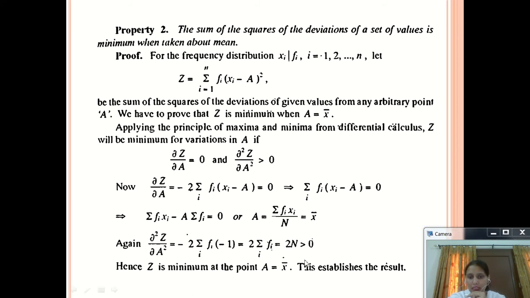Therefore z is minimum. So the double derivative is greater than 0, so z is minimum, but at which point? When capital A is equal to x bar. So we have proved that the sum of squares of deviations of a set of values is minimum when taken about the mean.